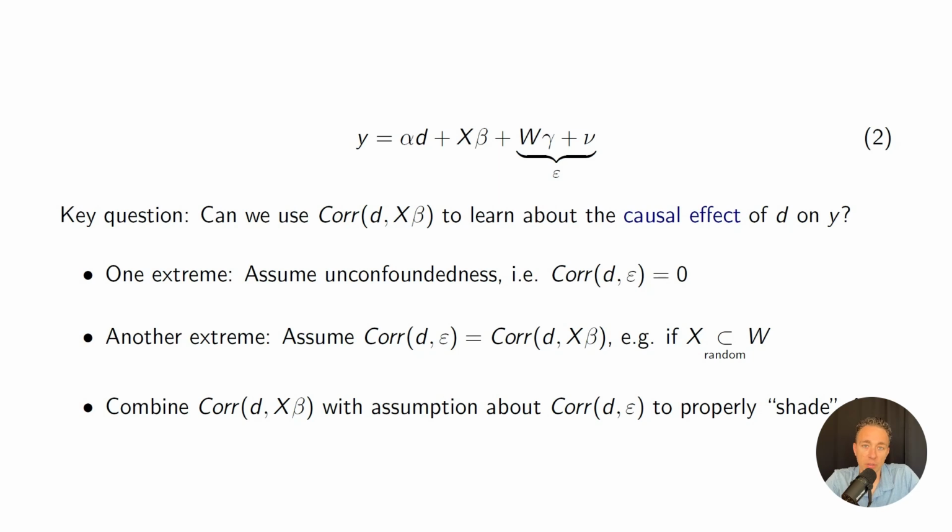So if alpha hat was positive and there was positive selection into D, then our treatment effect alpha hat would be closer to 0 than our OLS alpha hat.